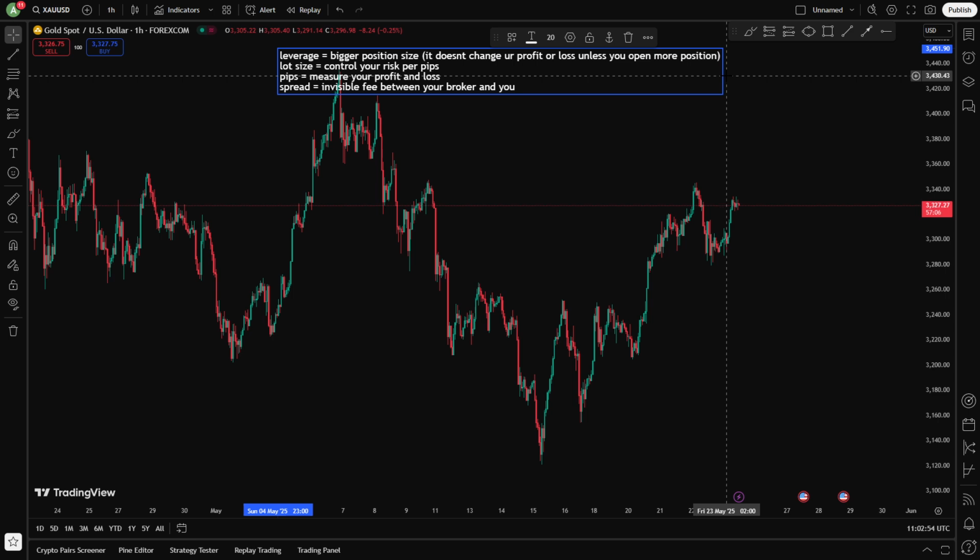However, unless you're a scalper or a short-term trader, spread is not really that important, because if you're swinging and holding your trade for long, then you don't care much about it. And basically, if you master this stuff, you are no longer gambling. I am being 100% honest with you. If you master all of this stuff, you are not gambling anymore.